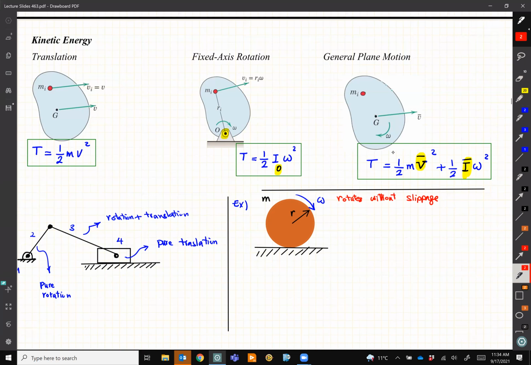It is pure rotation without slippage. And we want to find T, its kinetic energy. Maybe spend a minute, think about it, and then when I write, you can compare your result.